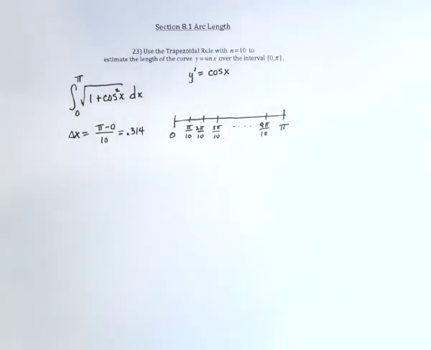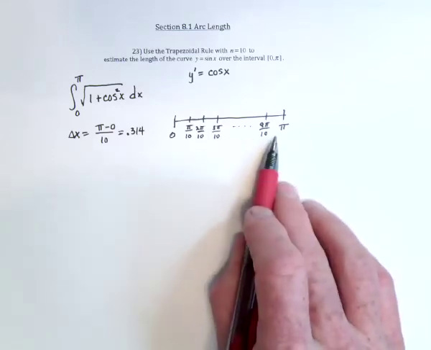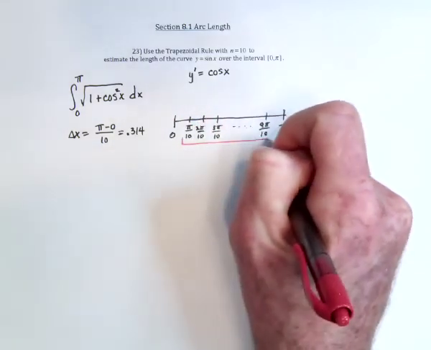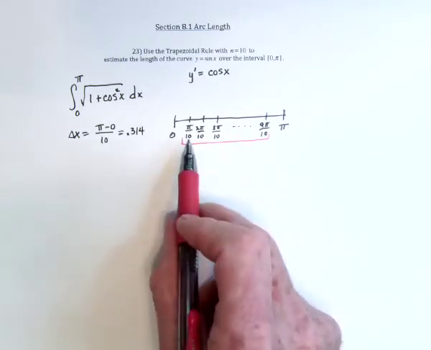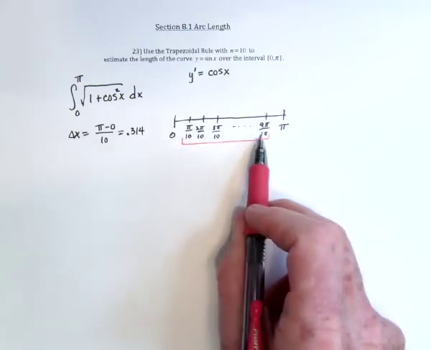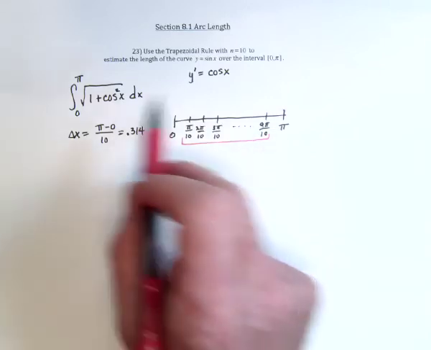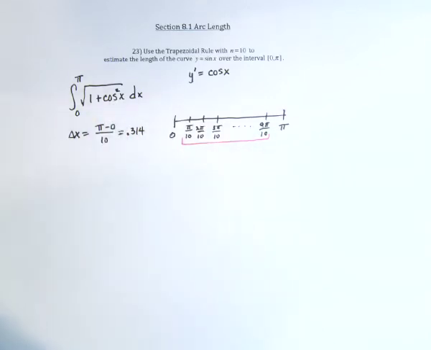With the trapezoidal rule, we substitute all of these values into the function. Everything except the first number and the last number needs to be multiplied by 2. So rather than doing this by hand, I'm going to have the calculator add up all of these. I will then add in pi substituted in there and the 0 substituted, and it'll save some work.